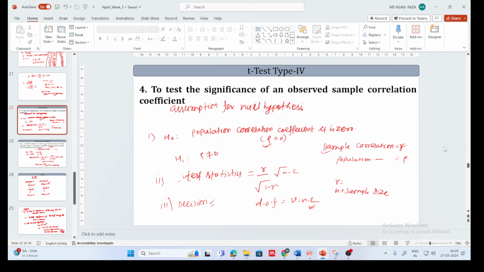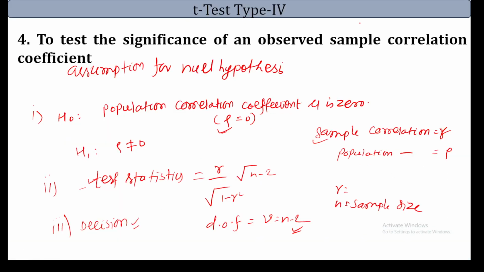So it's actually the t value we get. t can be 0 to anything, up to whatever the table has. If we are talking about the correlation coefficient, it will always be 0 to 1. When r is equal to 0, it means not a single data point is correlated. It's all different. If r is equal to 0.5, then 50% of the data will lie somewhere close like this. If r is equal to 1, it's all like this only. So this is different. Degree of freedom is different.